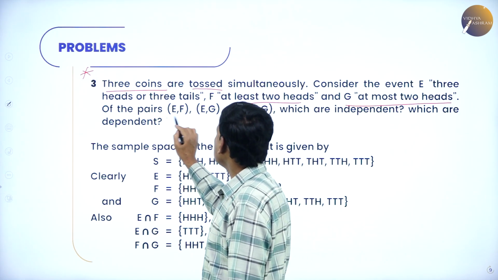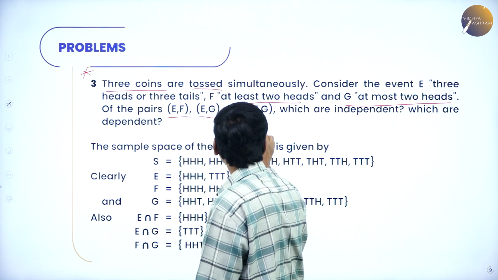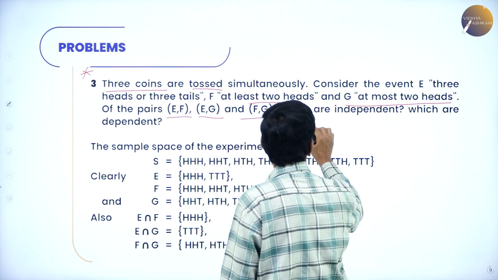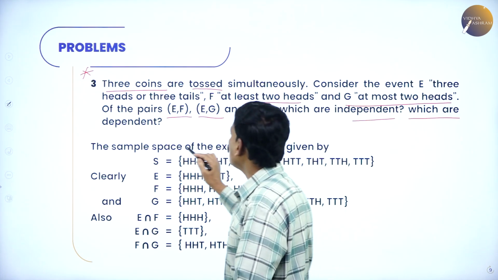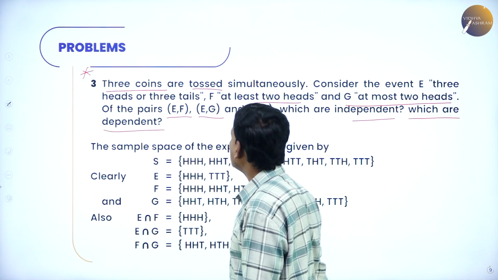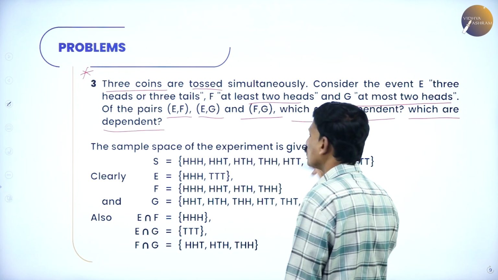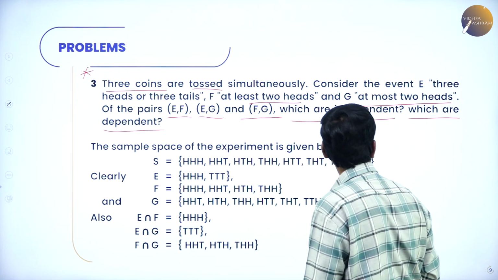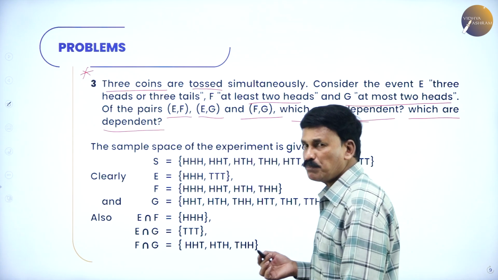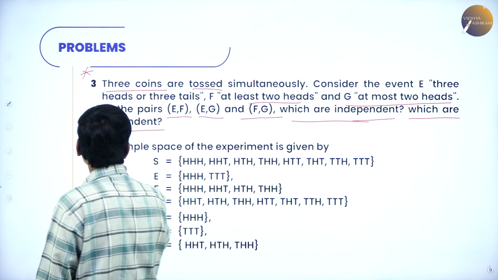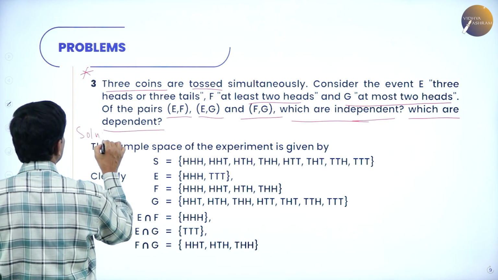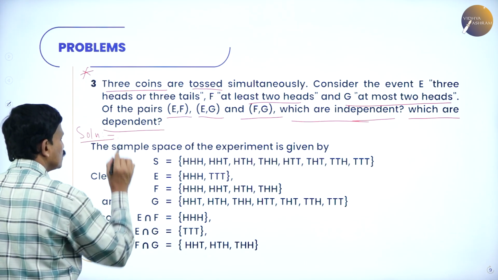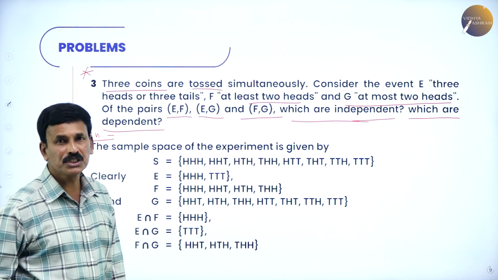Of the pairs EF, EG and FG, which are independent and which are dependent? Now we have to verify whether each is independent or dependent. Now let us write down the solution.